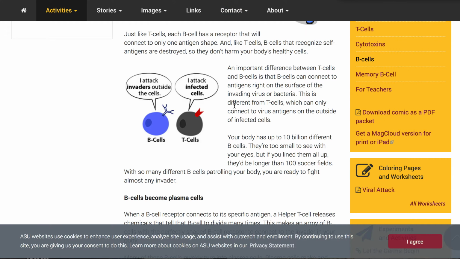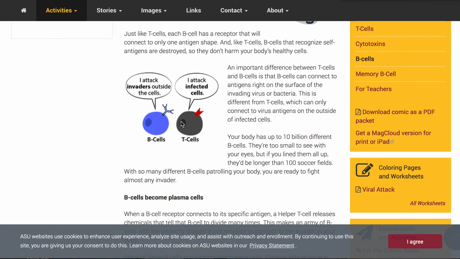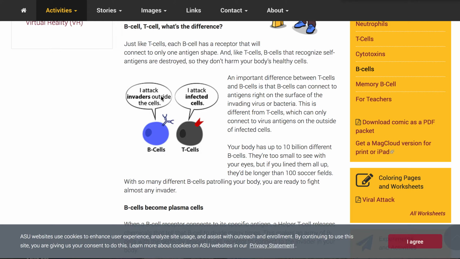And I think I found a cartoon that I kind of liked on this website, Ask a Biologist. So this was a very simplified version of it, but lymphocytes are white blood cells that are formed in the bone marrow. And B cells and T cells are the two that you're going to want to remember.